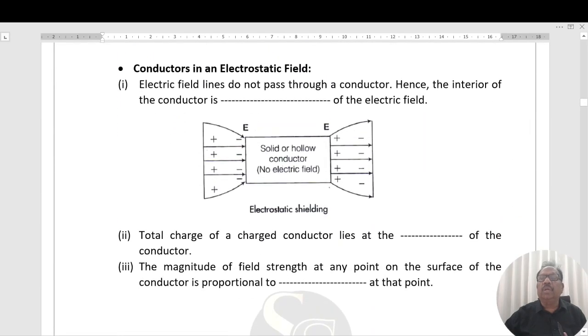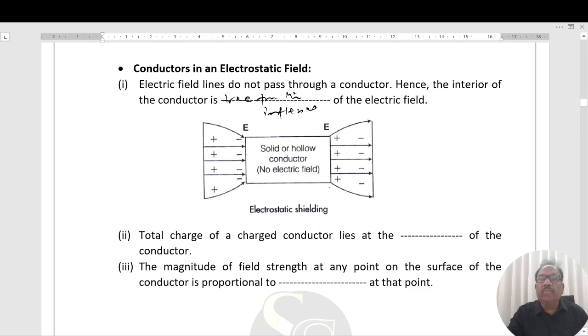Conductors in electrostatic field. Electric field lines do not pass through the conductor, hence the interior of the conductor is free from the influence of electric field. In this, electric field is equal to 0.